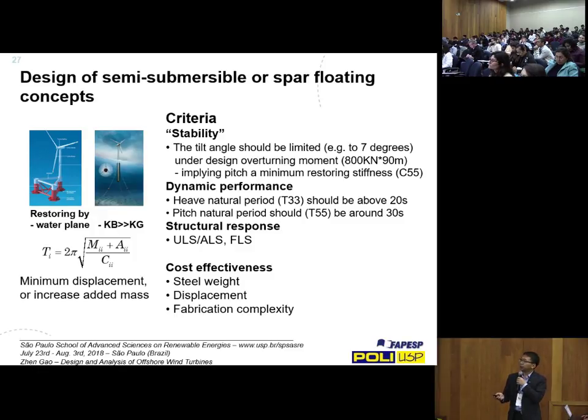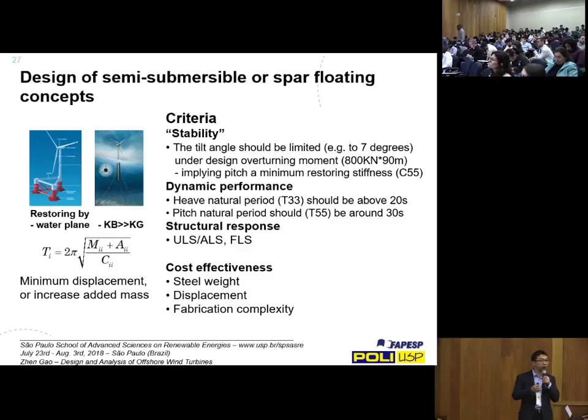And then you need also to consider how to easily fabricate and install wind turbines. So this is also a big issue because you are going to build many units in a farm, 50 to 100 units. So you try to make the foundation structure simple for easier fabrication.